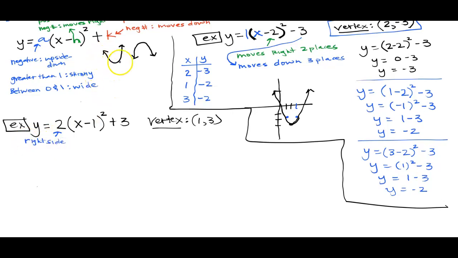It's going to look kind of like a U shape like this, and skinny. As that number gets bigger and bigger, like if that was a 10 instead of a 2, it would be really, really skinny. It gets skinnier and skinnier as that number gets bigger. Yep, if it's a bigger number, it's even skinnier.